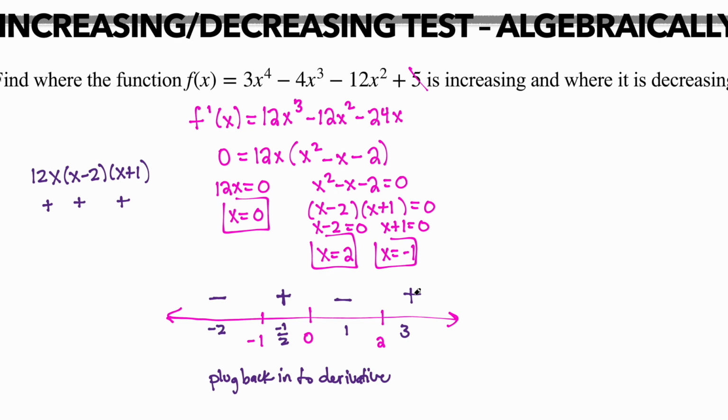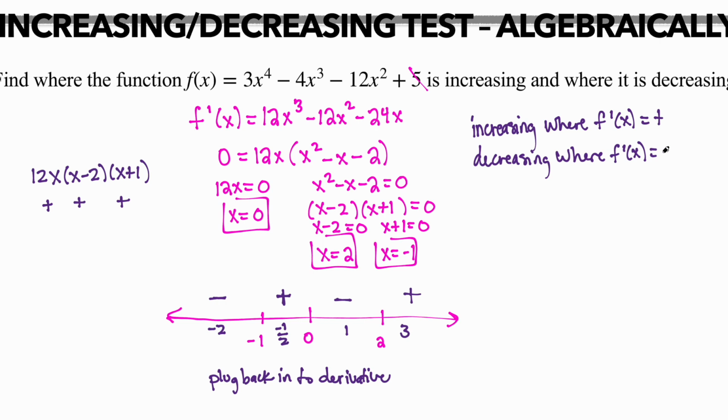So we're wanting to know, where is it increasing, where is it decreasing? So it is going to be increasing, obviously, where the derivative is positive, and then of course it is going to be decreasing where the derivative is going to be negative.